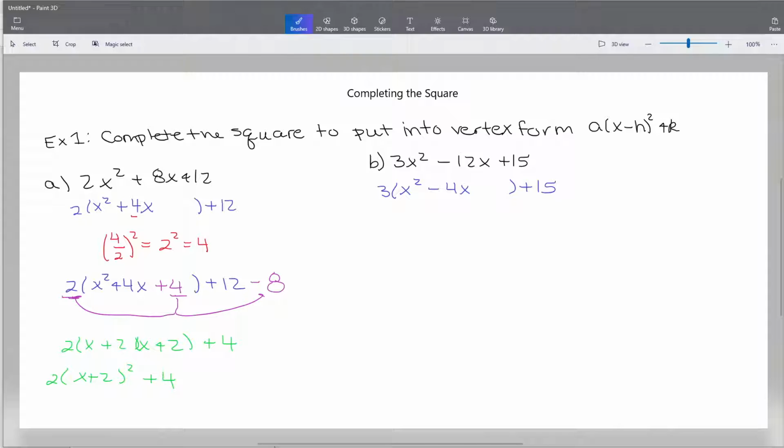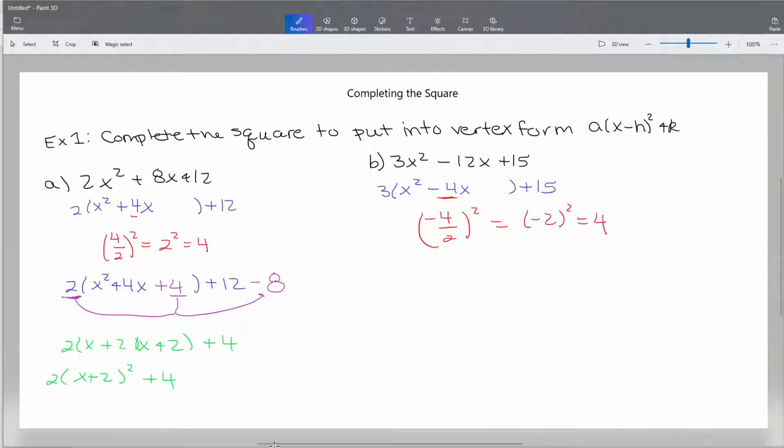Okay, and then I'm going to figure out what number I need to add. So I have minus 4, this number here, divided by 2, and then square it. Okay, so minus 4 divided by 2 is negative 2, squared, that's 4.